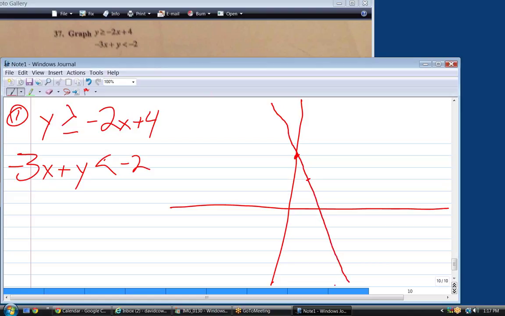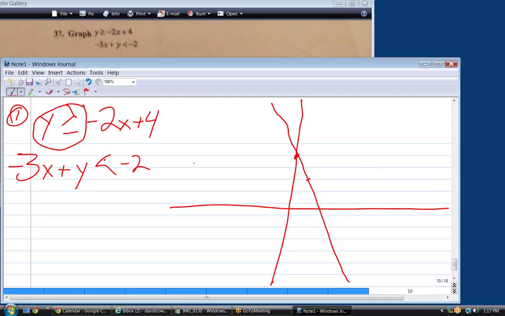Which side of that line am I on? Remember, look to the y-axis. What's this say? Y is greater than or equal to. Okay, so using only the y-axis, where is y greater than or equal to that line? Above.